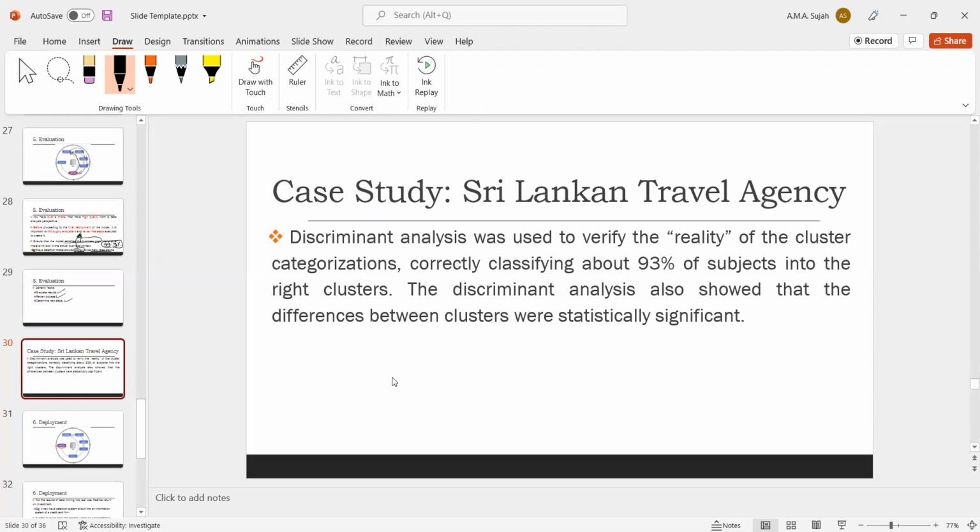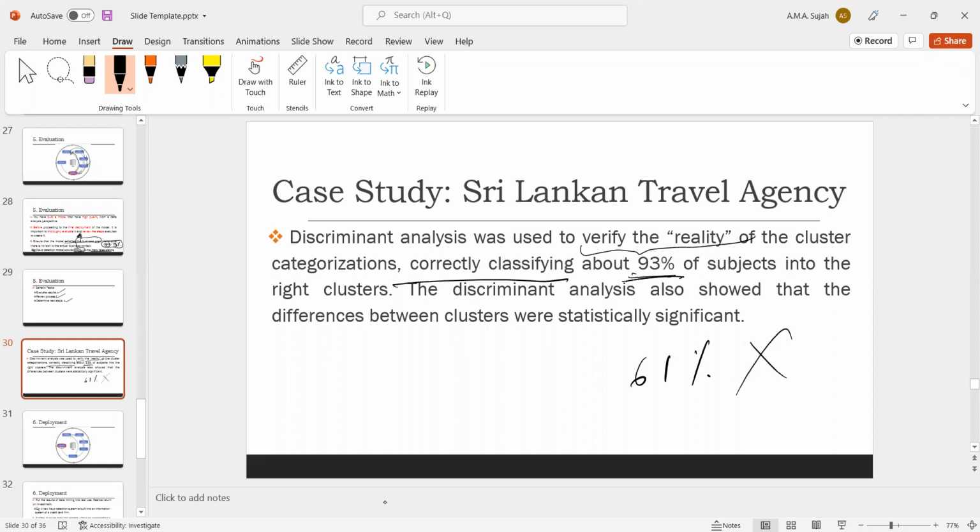What they are doing in this case study is clustering the customers and testing their results using these clusters to find the evaluation results. It says they are getting 93% correctly classified. So their model is highly accurate, and they move to the deployment process. What if they get an accuracy of 61 percent?